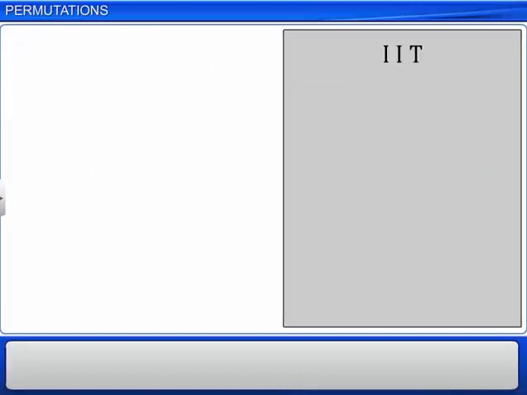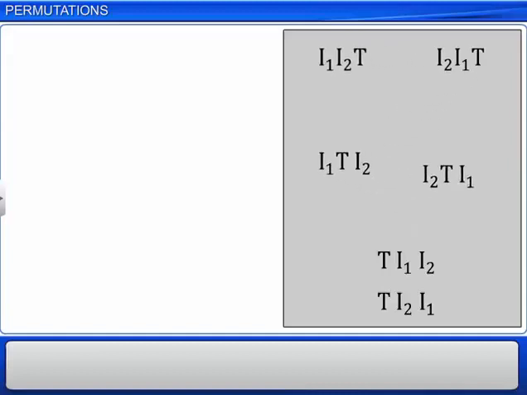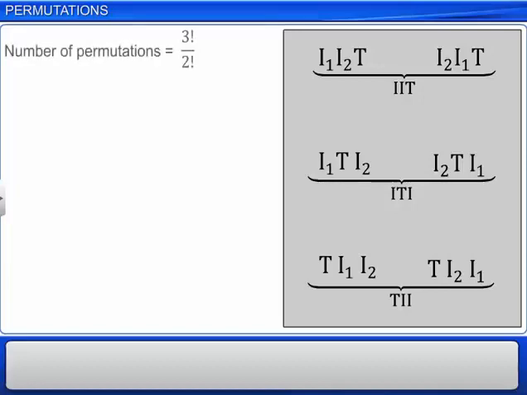Let's mark the 2 I's as I1 and I2. The possible permutations are as shown. If we ignore the subscripts, the arrangements look like 3 words. Observe that every similar pair of words is formed with 2 different permutations of the 2 I's in the word. Therefore, the number of permutations is equal to 3 factorial divided by 2 factorial.